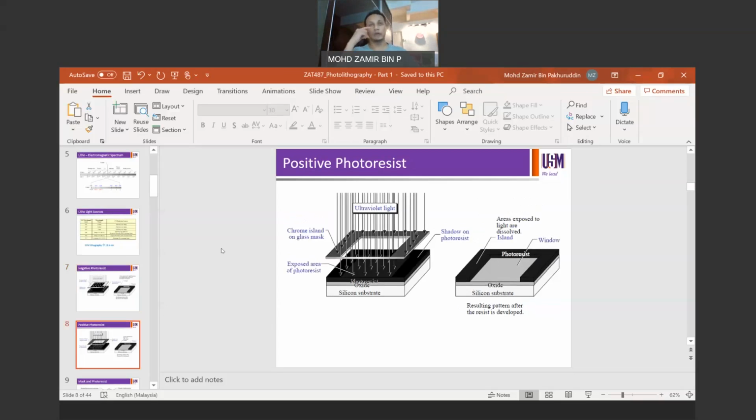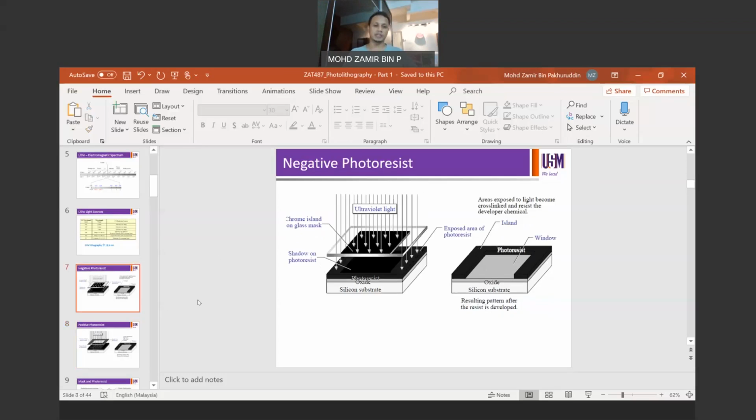On the other hand, if you talk about positive resist, so it was negative resist just now, now it's positive resist. If you use this kind of pattern, this kind of reticle, which is of opposite characteristic.